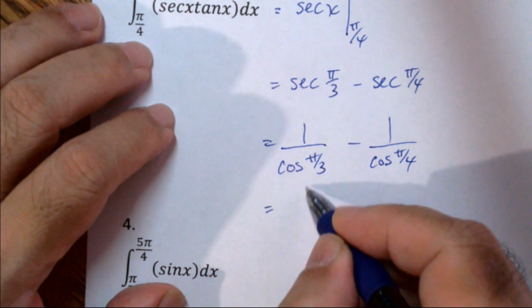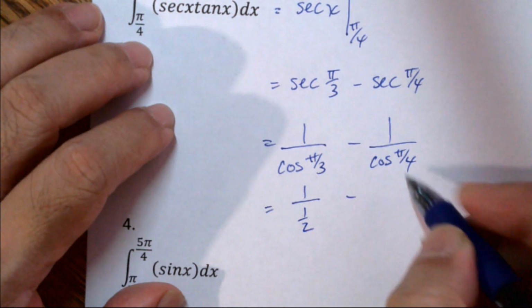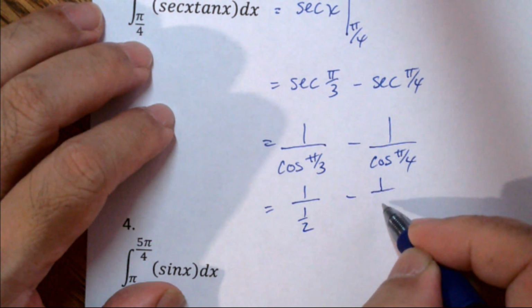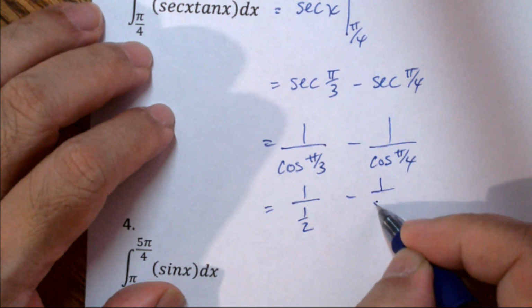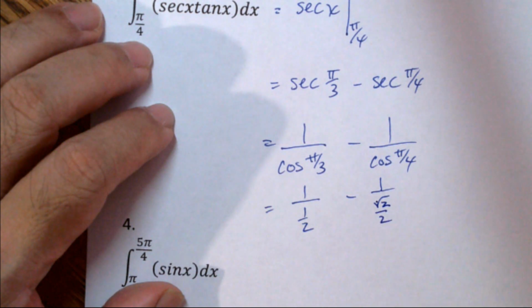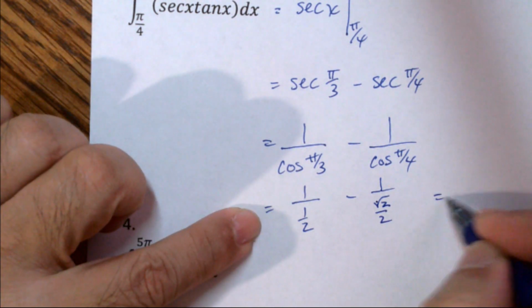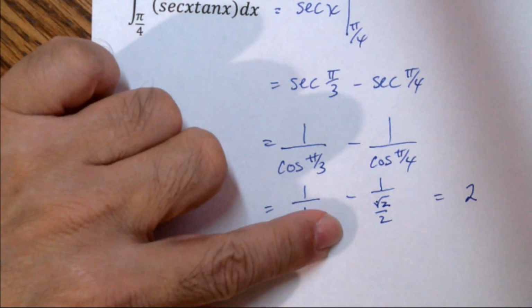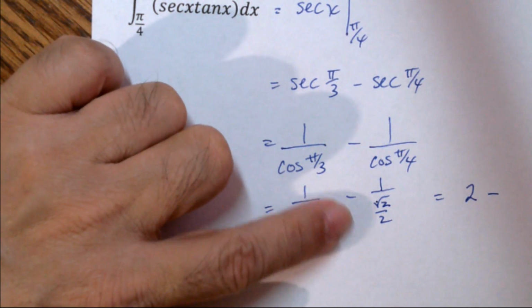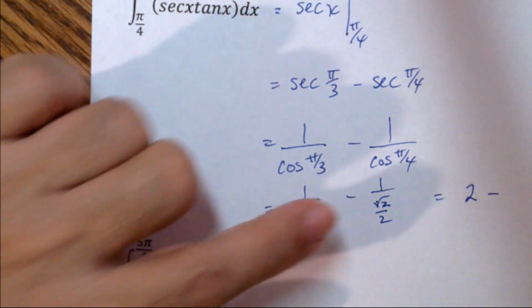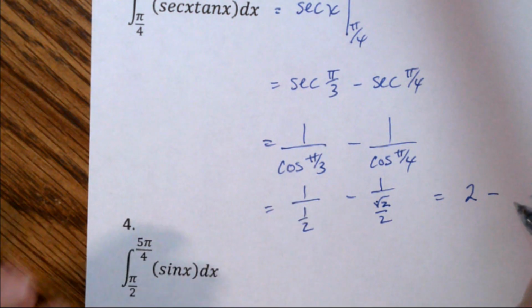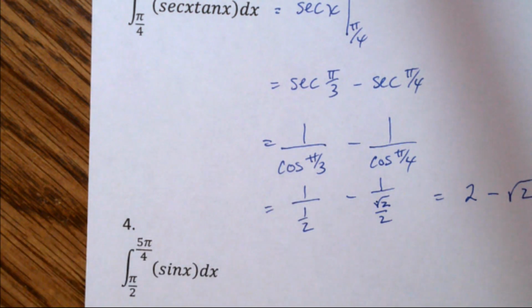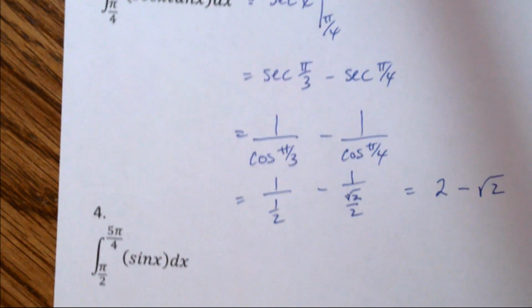So that's 1 over 1/2. And cosine of pi over 4 is square root of 2 over 2. So when I rewrite this, 1 over 1/2 is same as 2. And 1 over square root of 2 over 2 is same as square root of 2. That's just algebra. Hopefully you can figure it out.